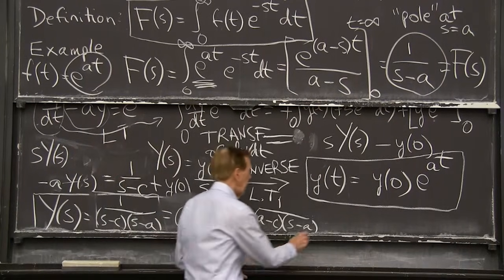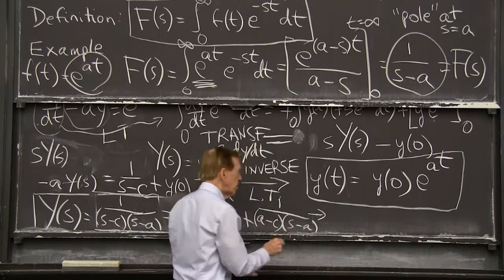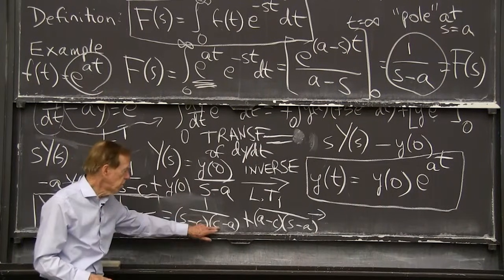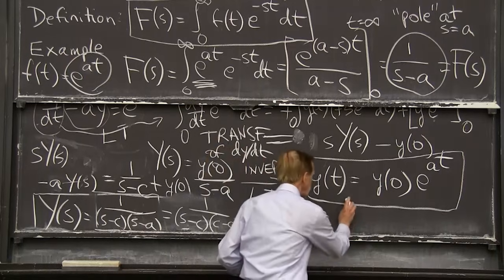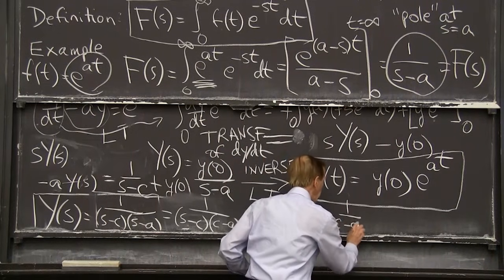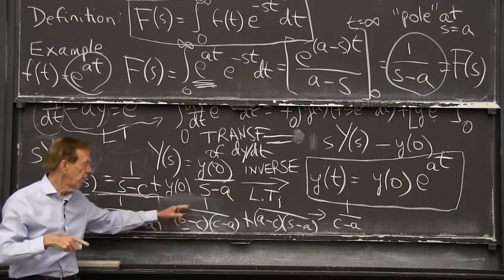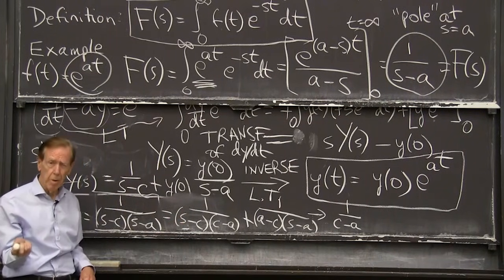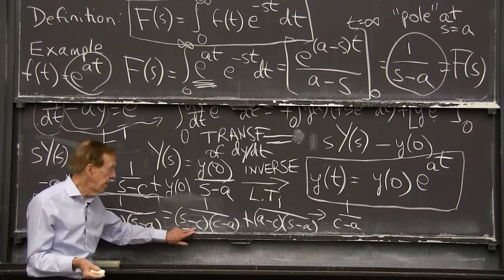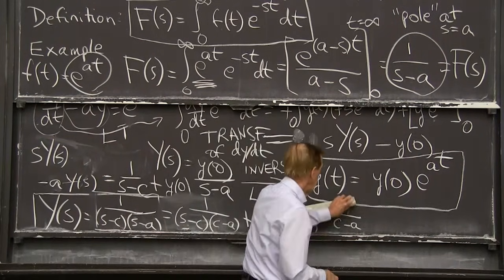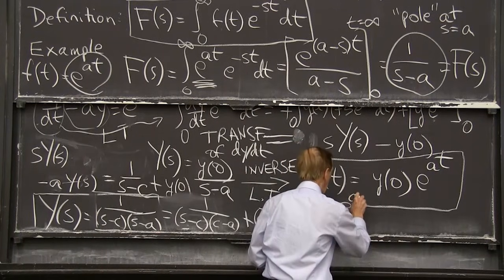So now that gives me the solution y from, so this is just a constant, 1 over c minus a. And what is the inverse transform of this? That's the simple pole at c. That came from a pure exponential, e to the ct.